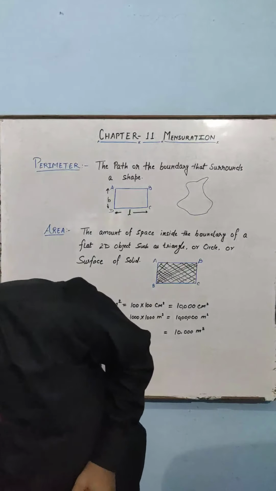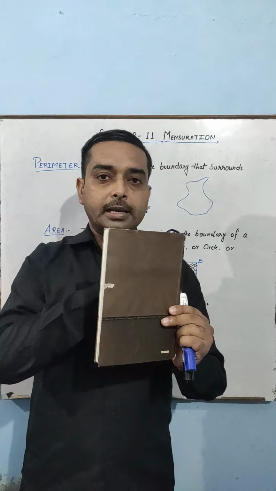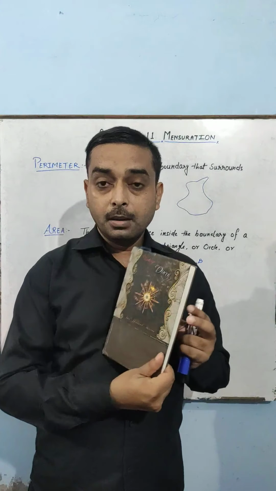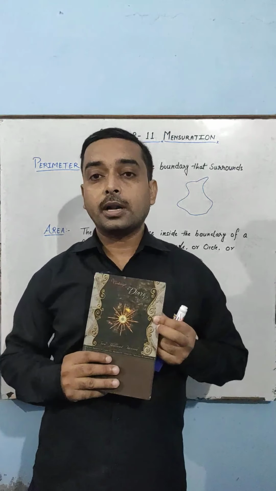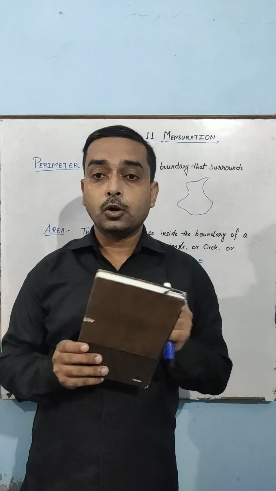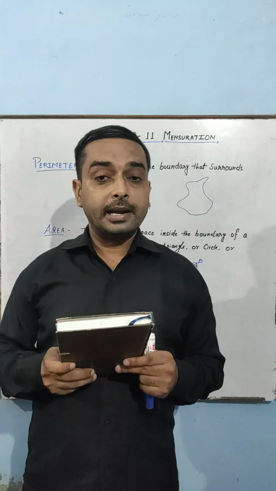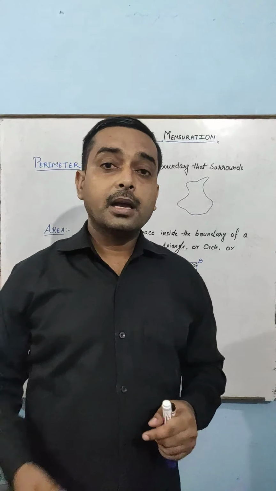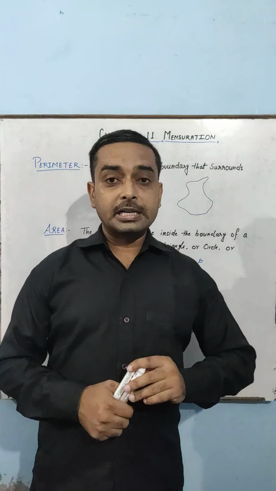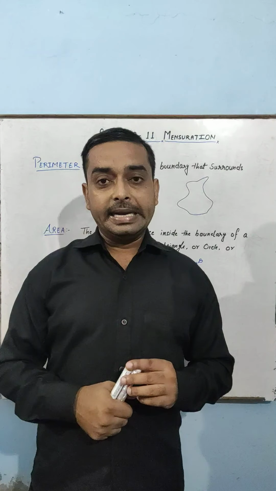Like as I have a book, the total outer boundary is called the perimeter, but the amount of inner space is called area. If we put this book on the table, then we will see how much space it will cover, that is area. And we know that area is always measured in meter square, centimeter square, kilometer square, hectare, etc.